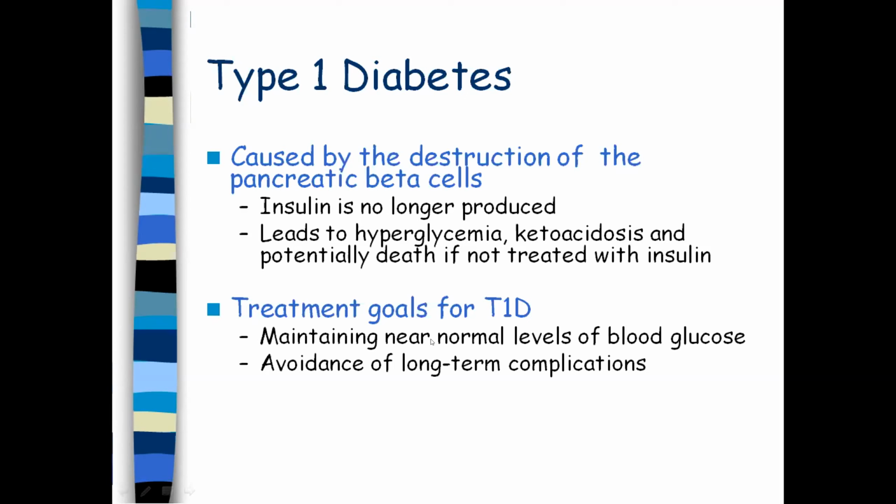So there are various treatment goals for achieving normal blood glucose, that is by giving insulin, as well as avoidance of long-term complications.